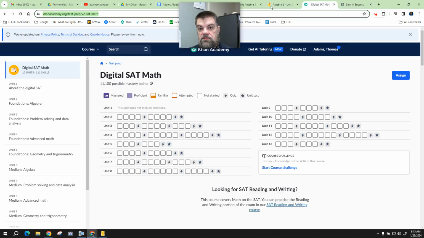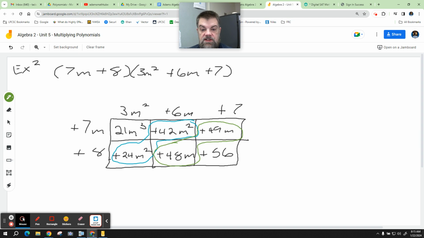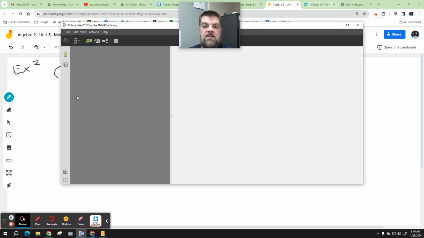There we go. All right, so let's just add that up. So I've got a positive 21 m cubed. And then the next thing I need to do is combine like terms. So 42 m squared plus 24 m squared. Isn't that 66?